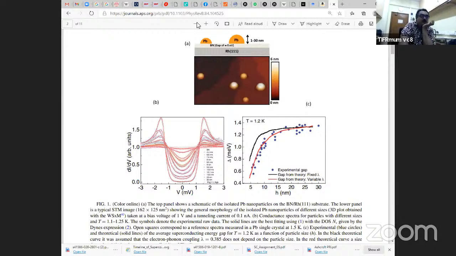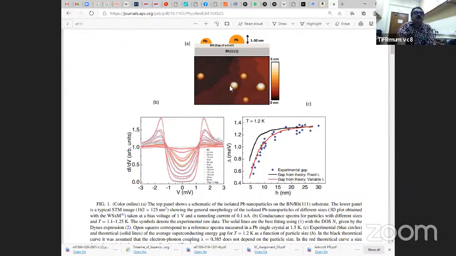Now you can come with an STM tip and measure the superconducting gap of particles with different sizes, and then you can see again this Anderson criterion. As you go to smaller and smaller sizes, the gap reduces.